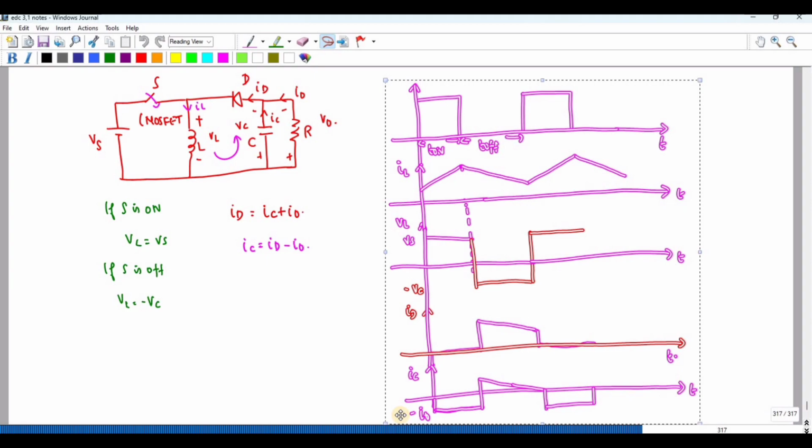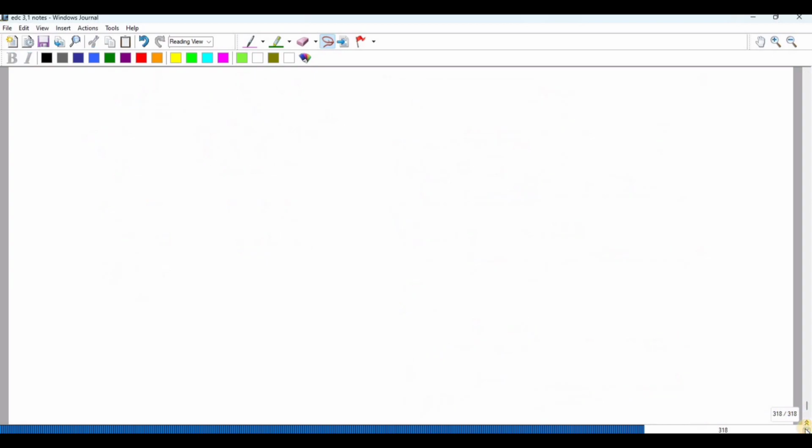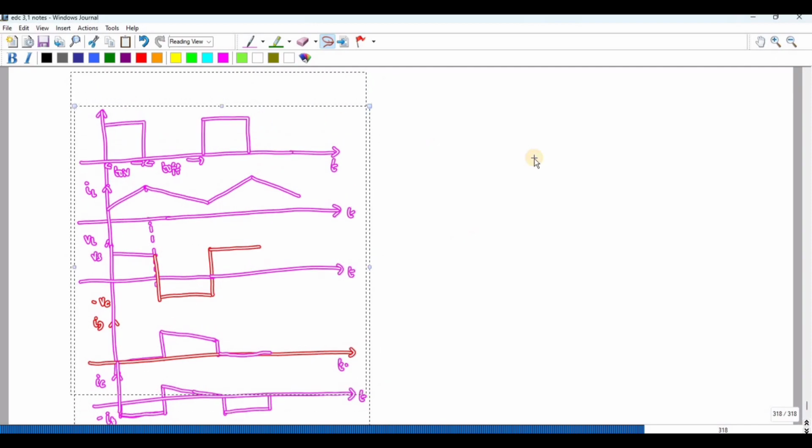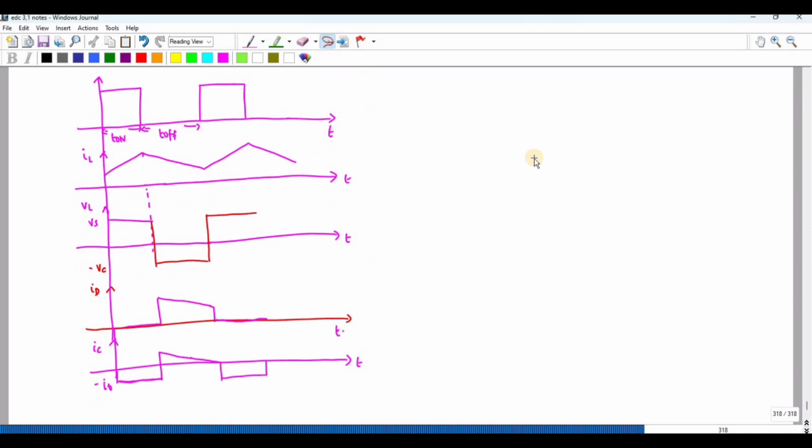This is your T on time. So T on time, Vs into T on.